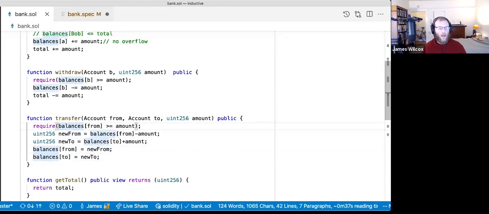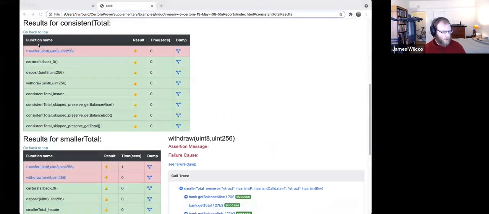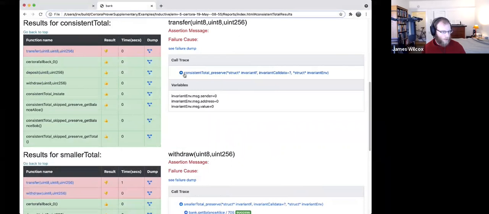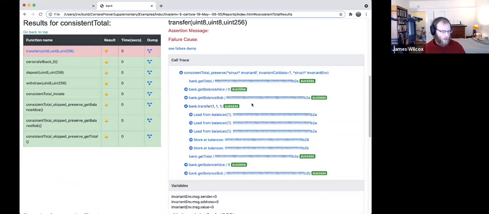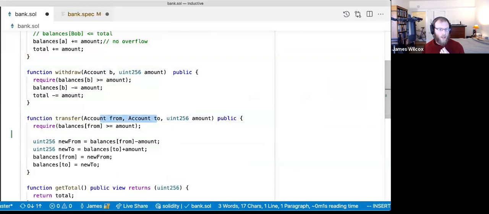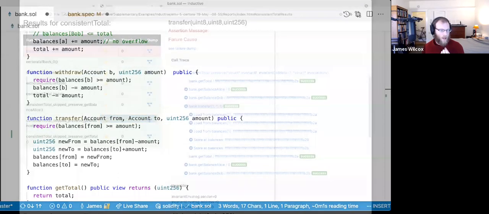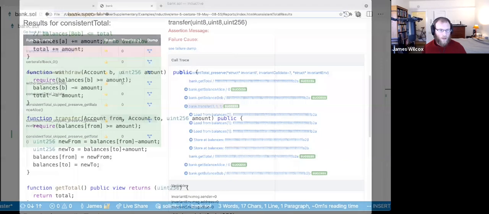If we look at the report, we'll actually see this in the counterexample. It's a little hard to read in this line here, but basically transfer 1 1 1. If we look at the signature for transfer, the first two arguments are the accounts, so this is saying you're transferring from account 1 to account 1, so they're equal to each other.